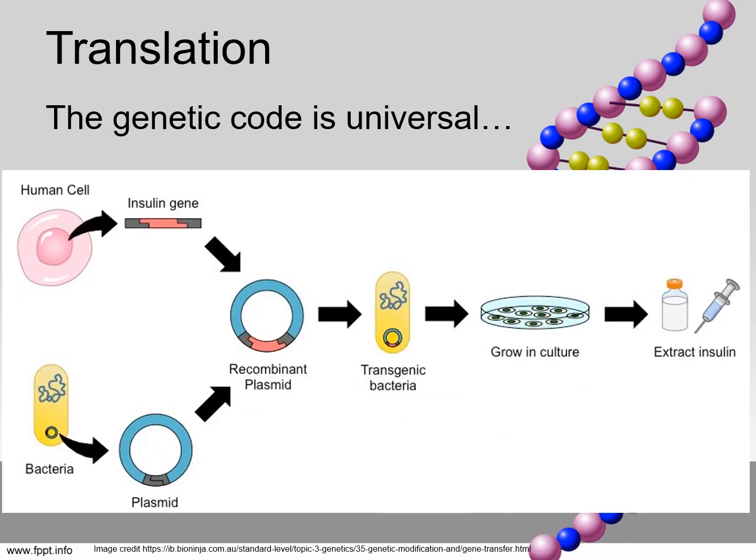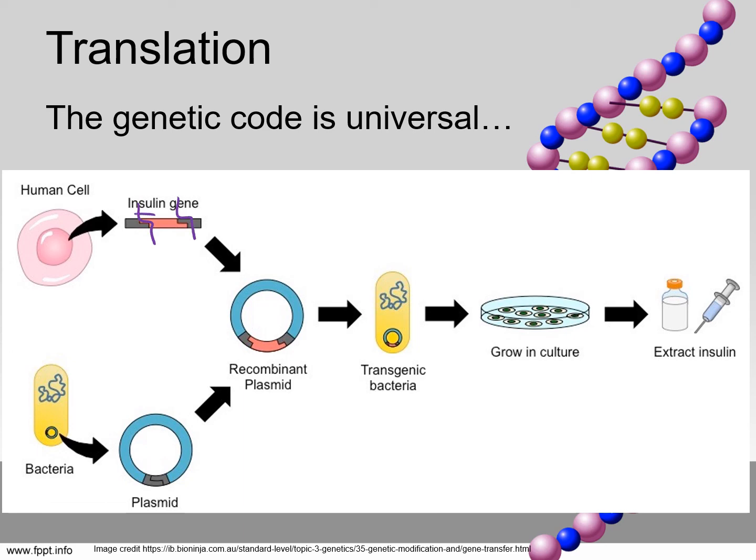And here's the map of the genetic code. So this process of translation, the codon, anticodon, amino acid groupings is pretty much the same for all living things, which means that we can do this. I can take a human cell and I can take its DNA and I can chop out a gene, perhaps the insulin gene.